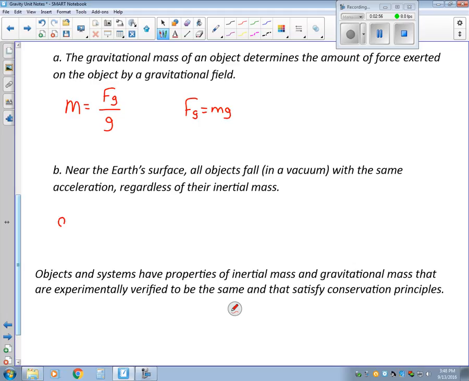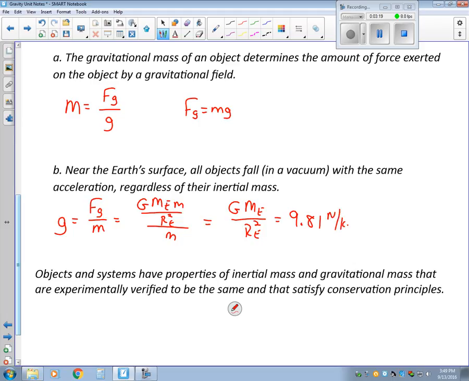So again, g equals... so that was the math that we worked out earlier.